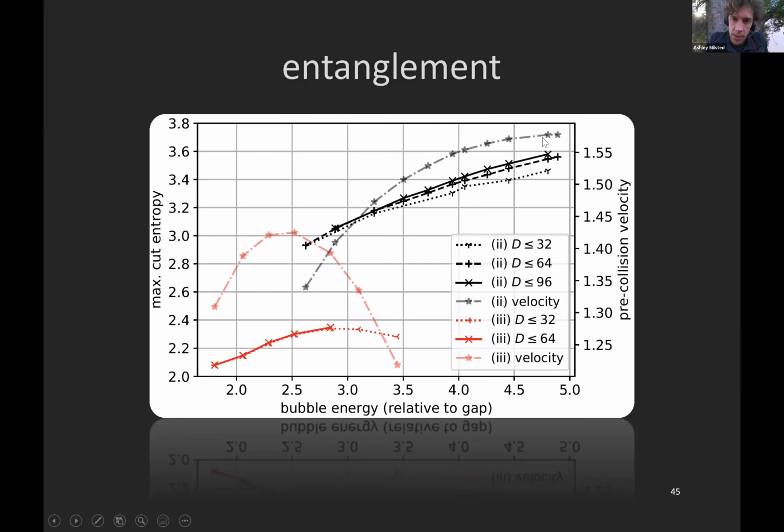But I think at least this shows that the simulation certainly gets more difficult as we increase the energy. If we were to move closer to the continuum limit, which would allow us to reach higher relative energies before reaching the maximum velocity, then we'd see this trend continuing and we'd see the entropy continuing to increase. But obviously one should check that.